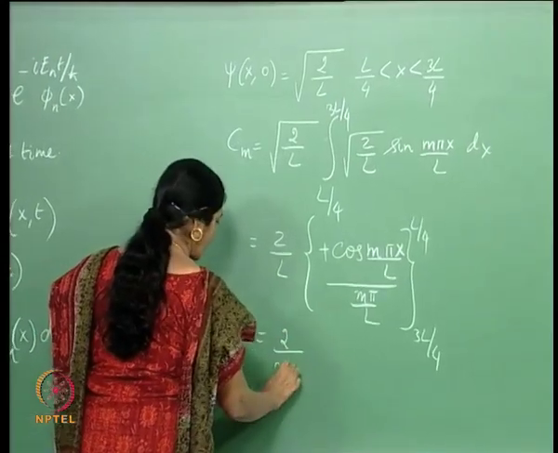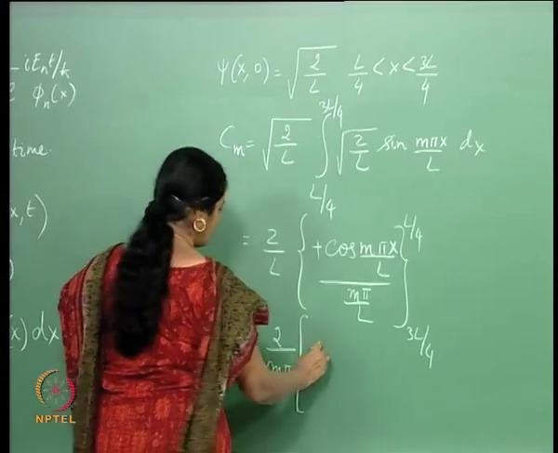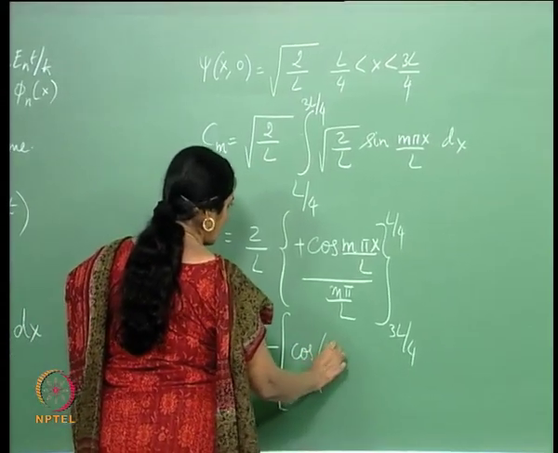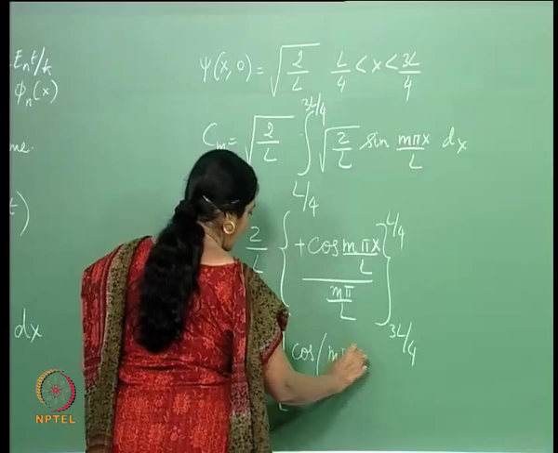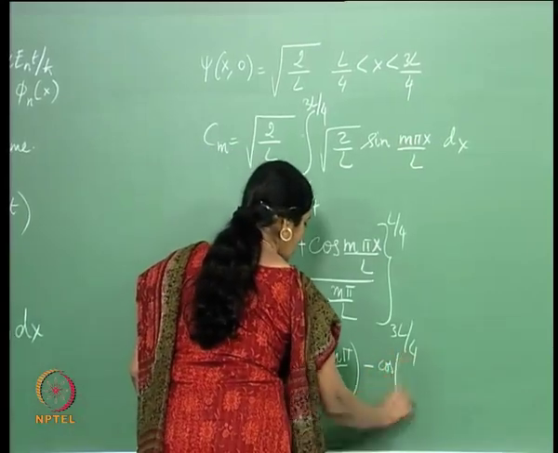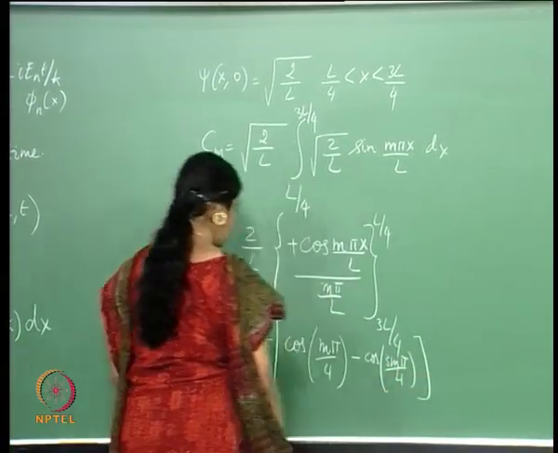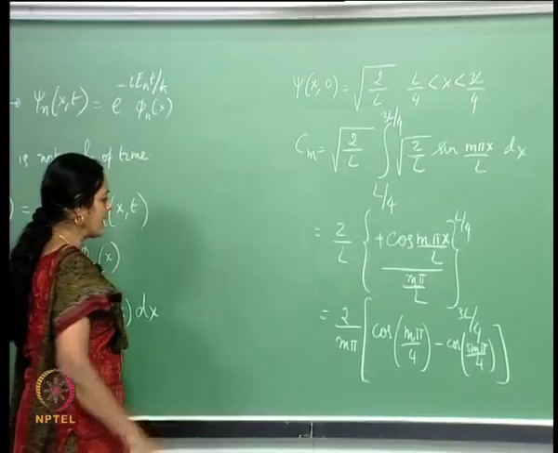So, that is 2 by m pi times cos of m pi by 4 minus cos 3 m pi by 4, and this is what I have for Cm.